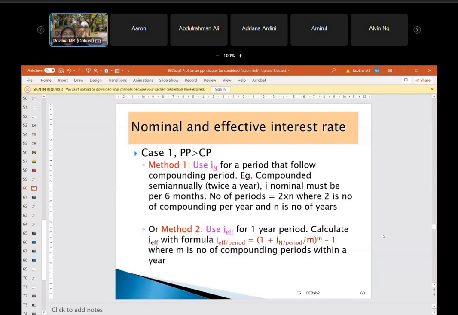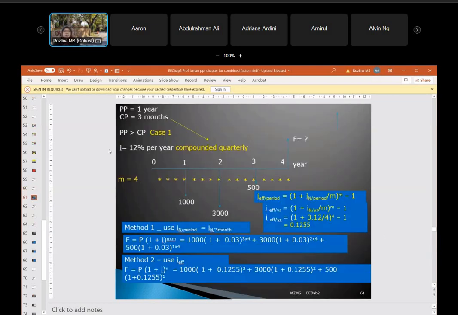Just ignore the explanation. Go to the next here. Look at this example.